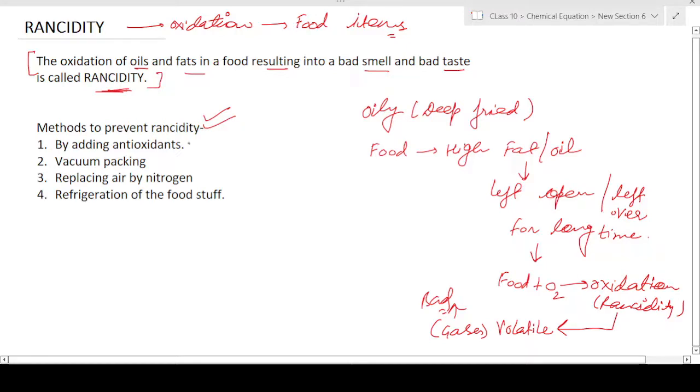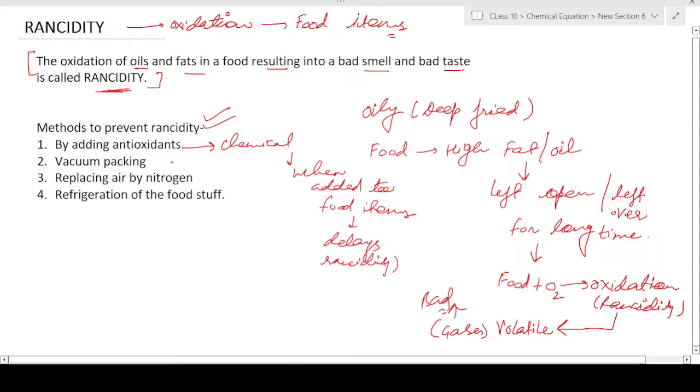We can do it by adding antioxidants. Antioxidants are certain chemicals which, when added to food items, delay the process of oxidation or rancidity.